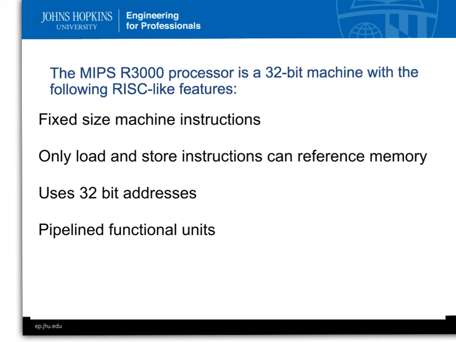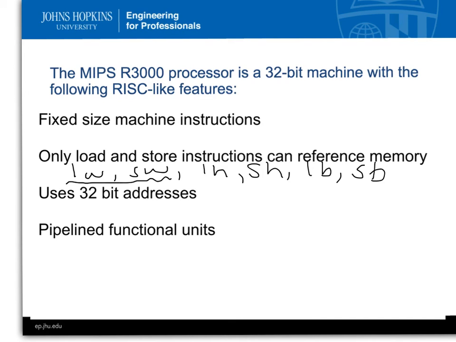But the only instructions here that can reference memory are load and store. So we have things like load word, store word, load half word, store half word, load byte, store byte. In this class, we're going to mostly deal with load word and store word. Those are the only ones that can reference memory.